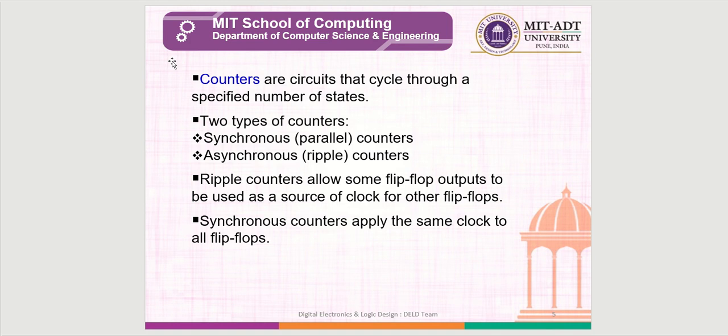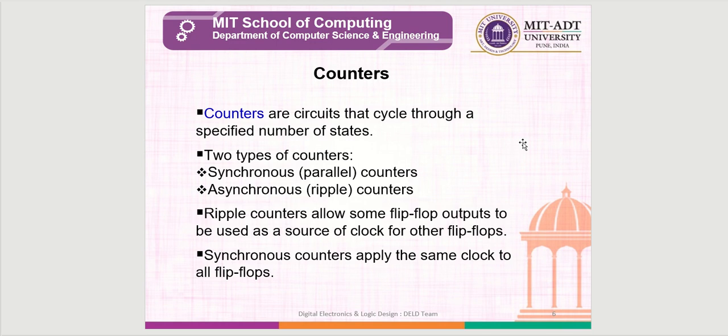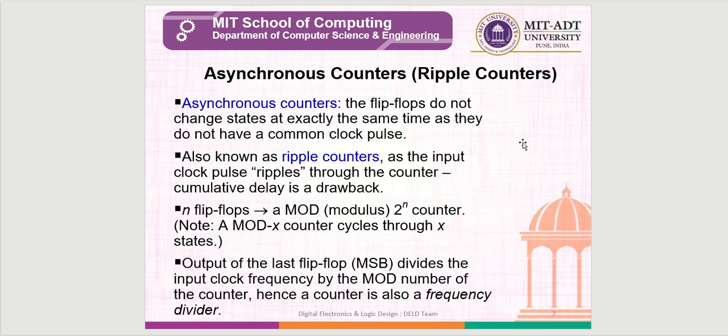In an asynchronous counter, we are providing clock to only one flip-flop, and the second flip-flop is activated, or the clock for the second flip-flop is provided, by the output of the previous one. Okay, so this is about the asynchronous counter. Asynchronous counters are also called ripple counters.